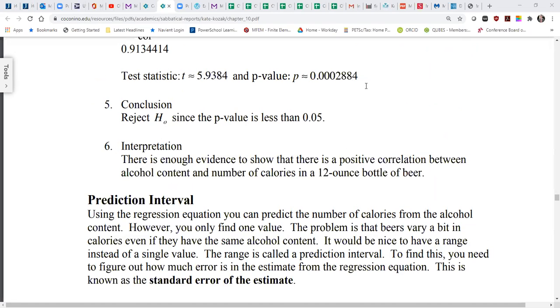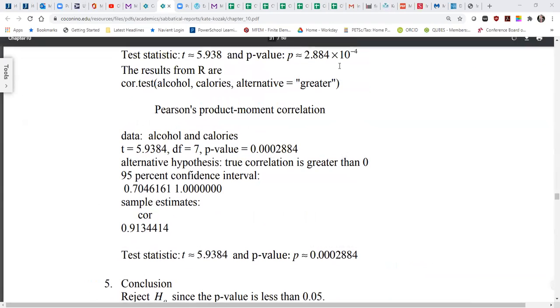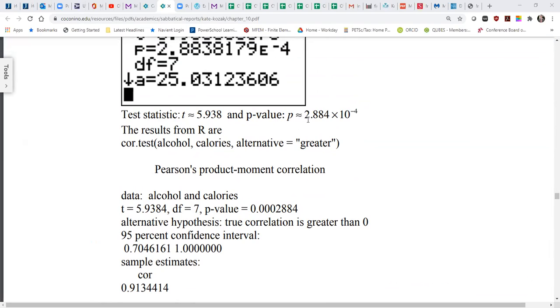For this number, if you want to change to decimal numbers, you need to move the dot 4 times: 1, 2, 3, 4. So you have 3 zeros before 2, giving 0.000288. You want to change this number to a decimal number.